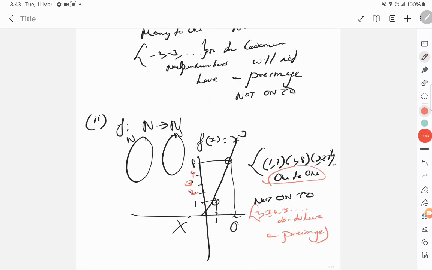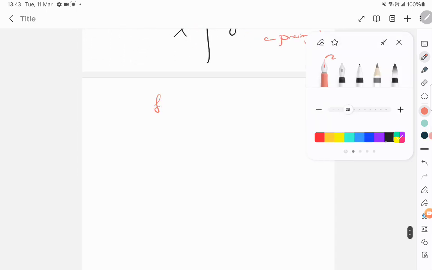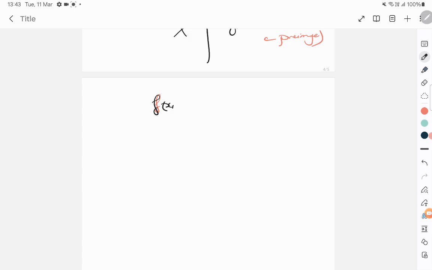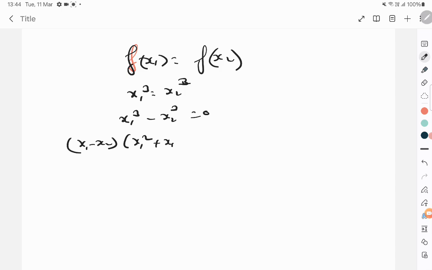So supposing they ask you to do it theoretically, you'll write f of x1 is equal to f of x2. That is, x1 cube is equal to x2 cube. x1 cube minus x2 cube is equal to 0. A cube minus b cube is a minus b into a square plus ab plus b square.